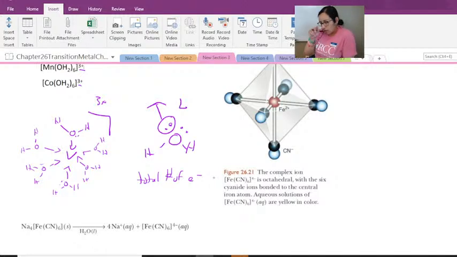So usually you're looking for like 18 electrons, but we'll find that that's often not the case for how many electrons you have. And so let's see how to count them.